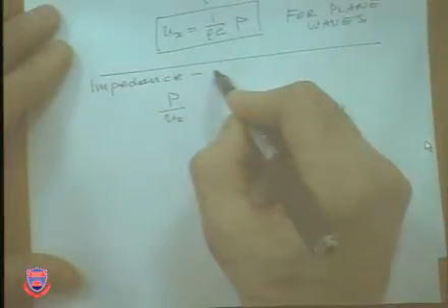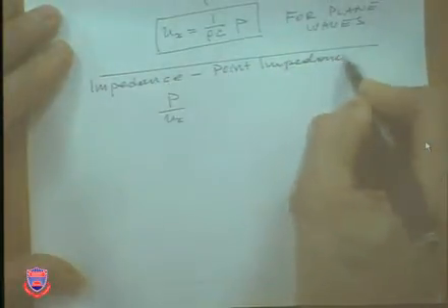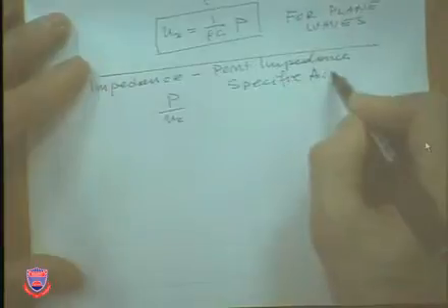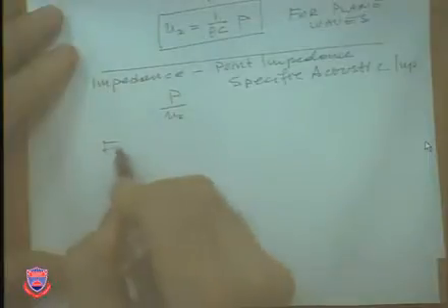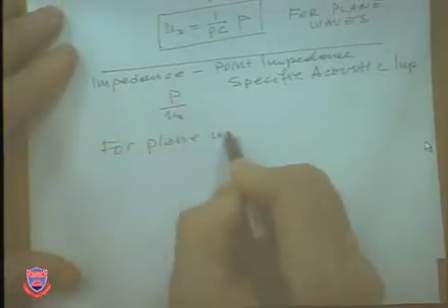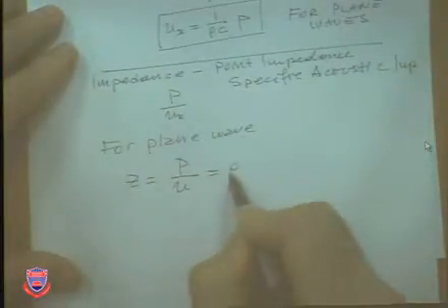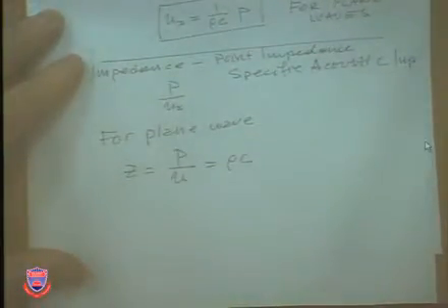But this is a point impedance, or we also call it specific acoustic impedance. So for a plane wave, the acoustic impedance is a constant, rho times c, as simple as that, okay? For a plane wave only.